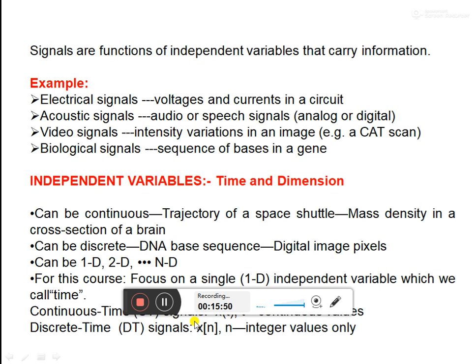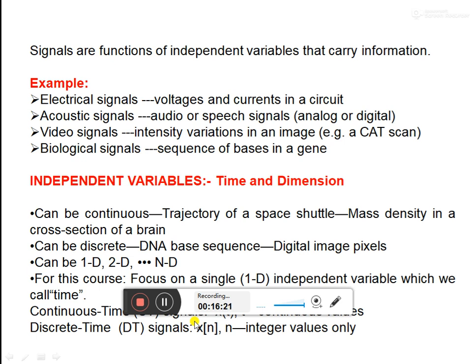Now one important thing we have to know when we define any signal is that a signal is always measured with respect to time, and time is considered to be the most important independent variable used to define a signal. Whatever example you take, time is the predominant variable which measures the amplitude of a signal with respect to its variations.